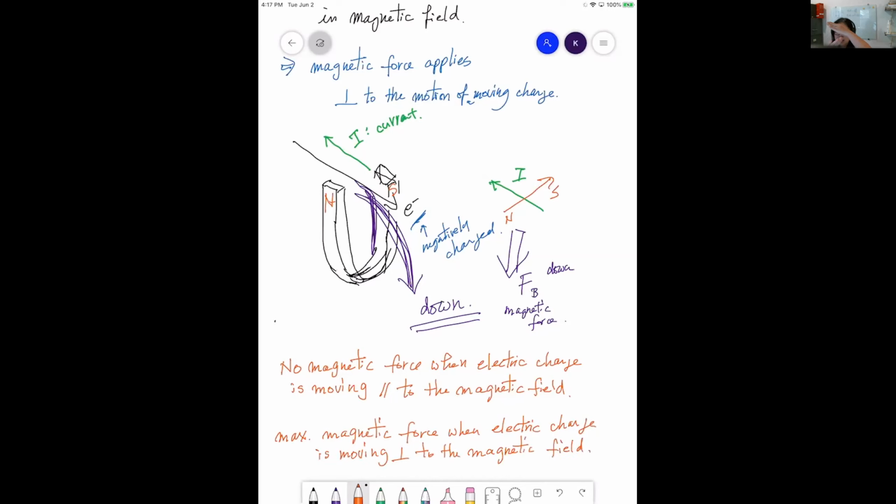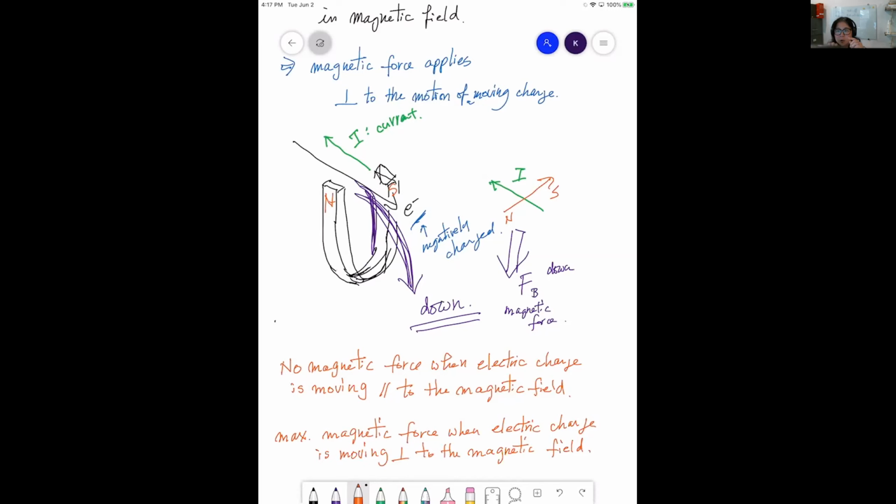So what it means is that any perpendicular component of the direction of motion of the electric charge, perpendicular to the magnetic field.